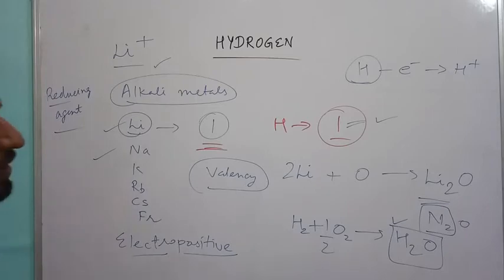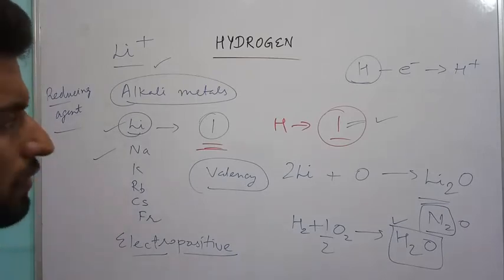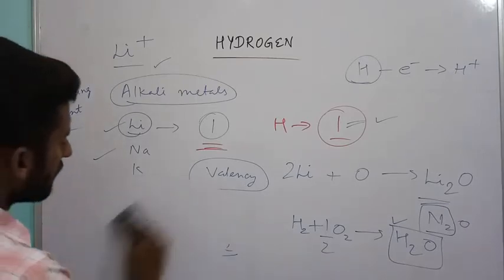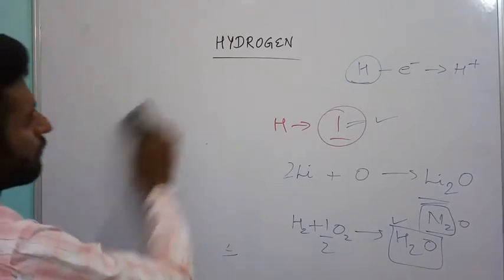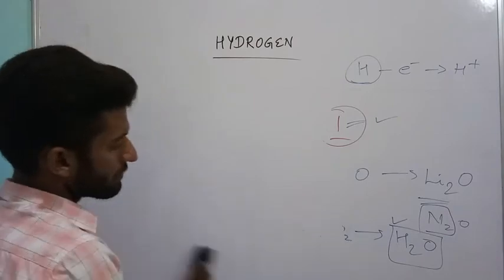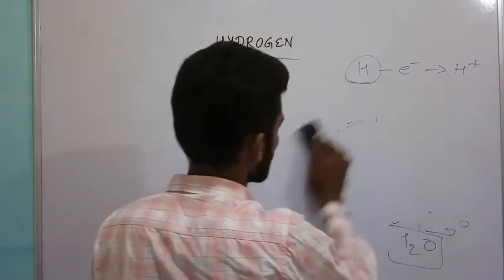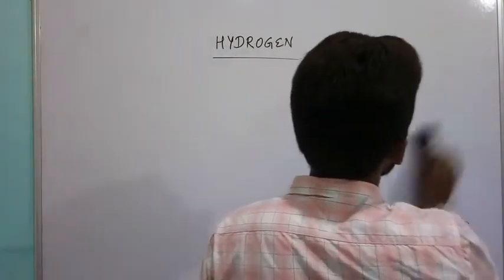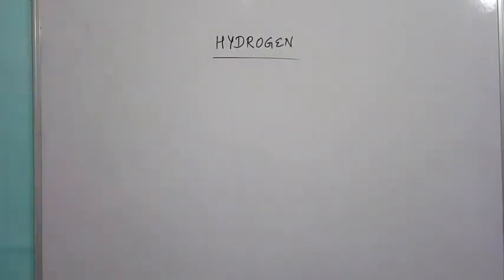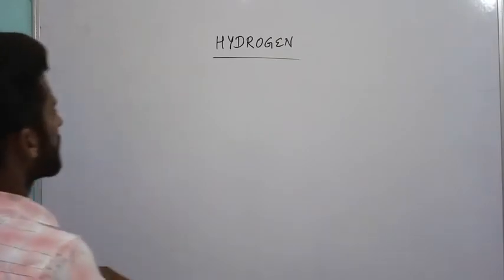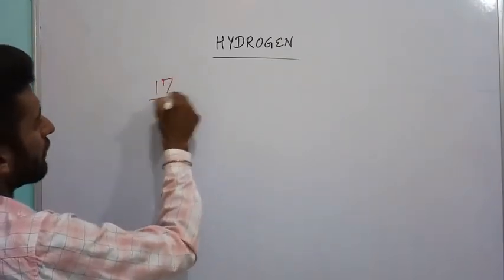These are the similarities on the basis of which alkali metals and hydrogen share the same group, that is group number 1. But hydrogen also has its relation with group 17 elements.